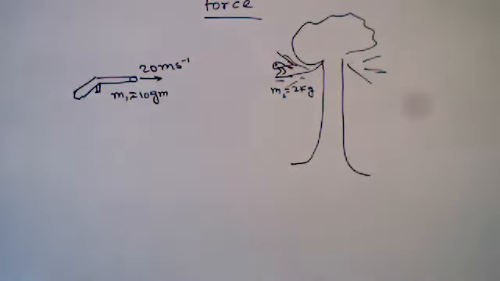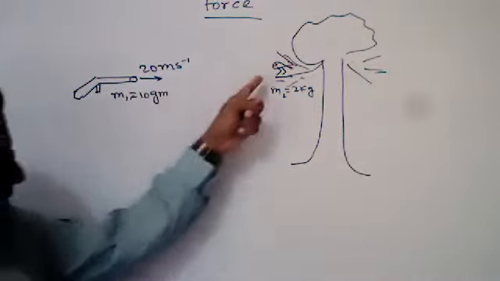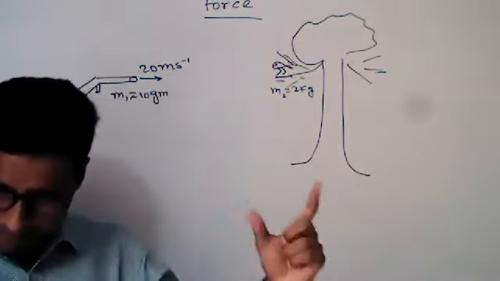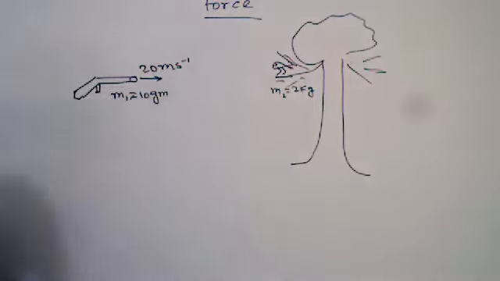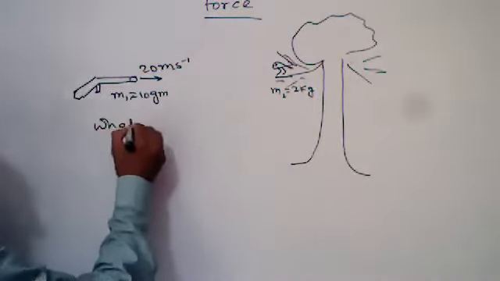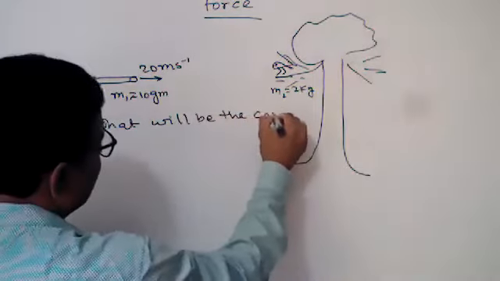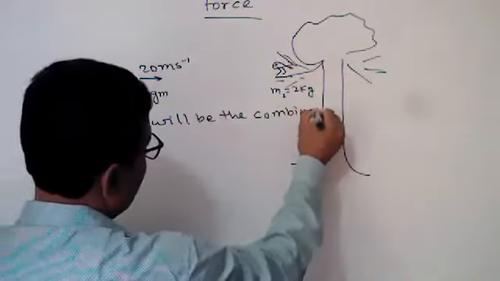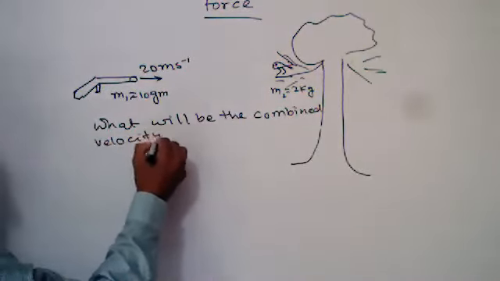After shooting, the bullet is in the bird. What will be the combined velocity?